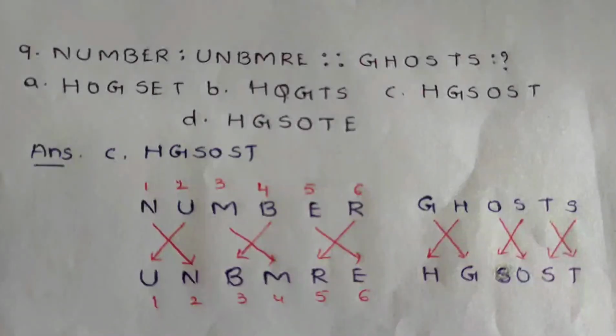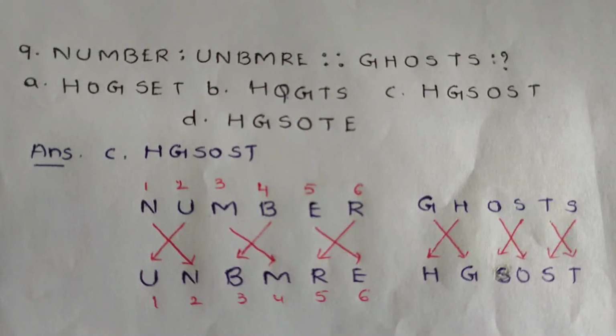So the first set I have written as NUMBER, and the answer for the first set is UNBMRE. So here carefully if you see, they have interchanged the letters. So we are dividing this first set into three parts.